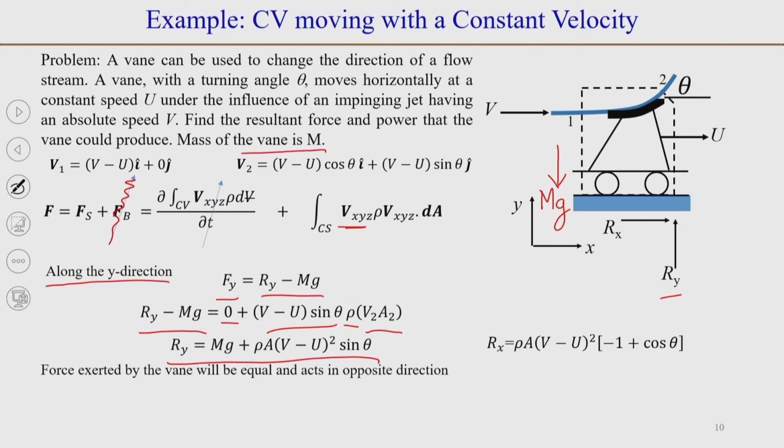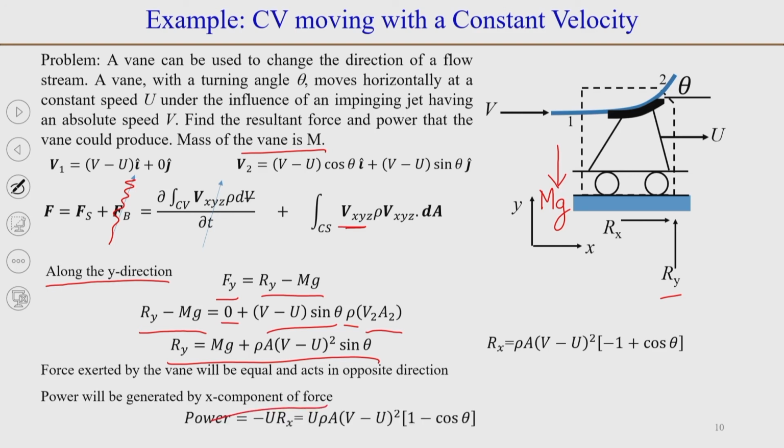Now, we need to also find the power that will be produced by the vane. Power will be generated because the displacement is along the x direction only. So, power will be generated only because of the x component of force. That will be equal to the x component of force into u, and the minus sign represents that it will be equal to minus R x, because the force is acting in the opposite direction.